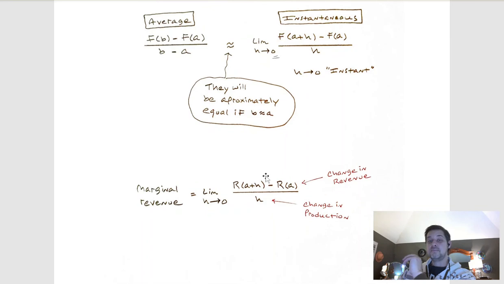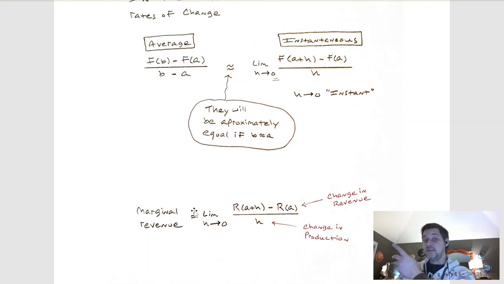Well, in that case, this top thing right there, that will be the change in revenue. That is the effect from this part, all right, like that, which is the change in production that caused it, all right? All right, so that will be like one of the examples that I do.